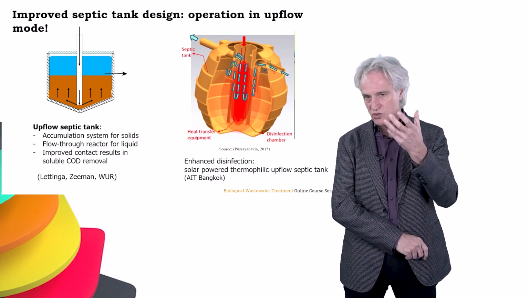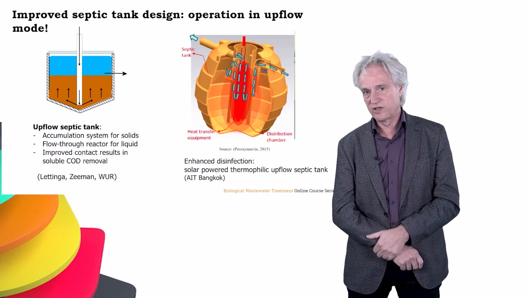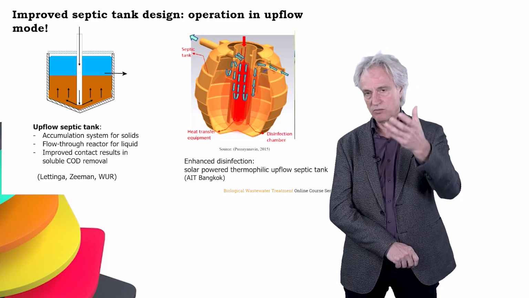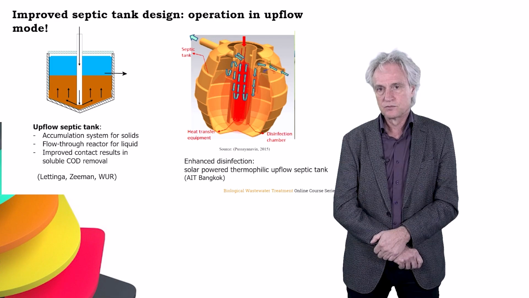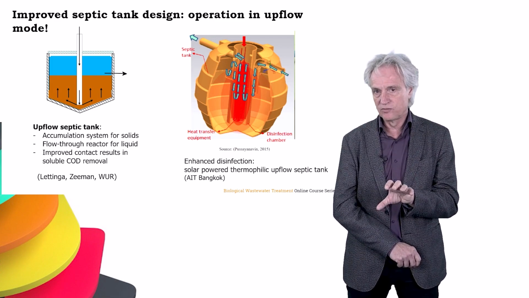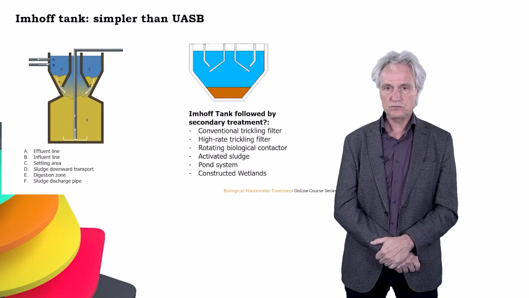Now, if you treat black water with this, you can reach up to 90% removal efficiency. And with gray waters, maybe also 80% removal efficiency. So these are quite interesting low-cost anaerobic systems that can be coupled to a proper treatment technology.